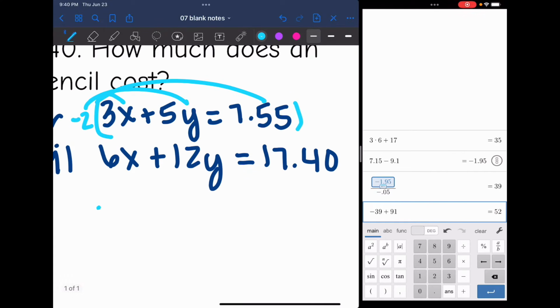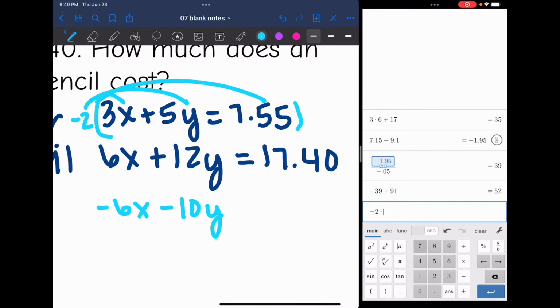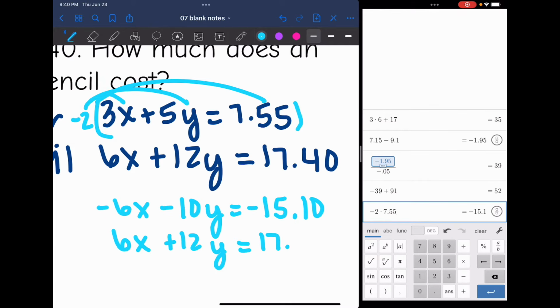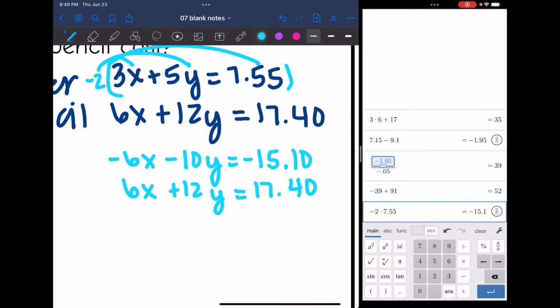Negative 2 times 3x is negative 6x. Negative 2 times 5y is negative 10y. And then negative 2 times 7.55 is negative 15.10. And then the bottom equation will remain 6x plus 12y equals 17.40. And now I can combine those and the x's will eliminate.